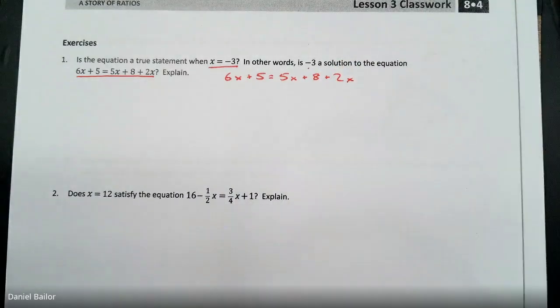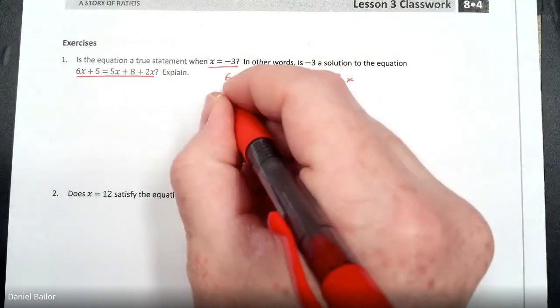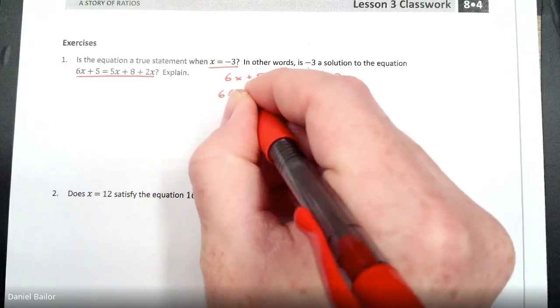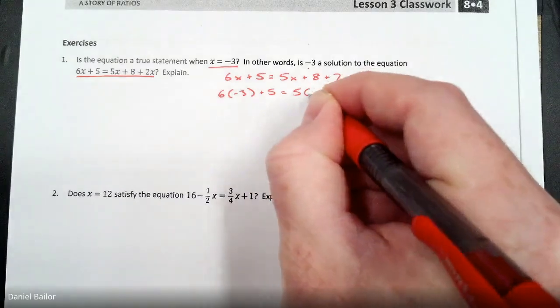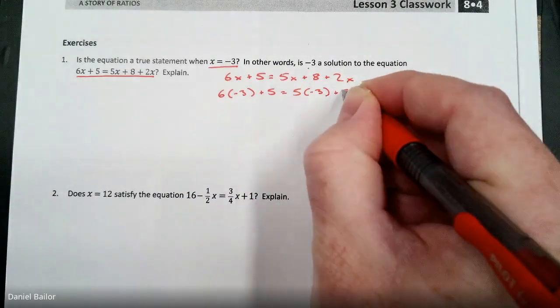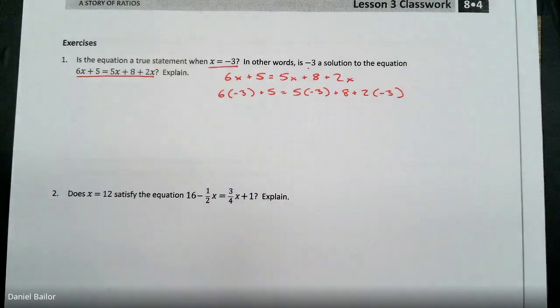And x equals -3. So my next step is every time I see an x, I'm going to substitute -3. So 6x turns into 6 times -3. 5x turns into 5 times -3. And 2x turns into 2 times -3.